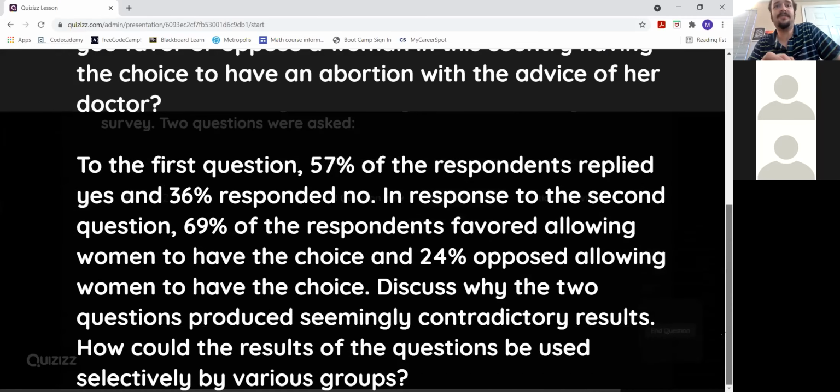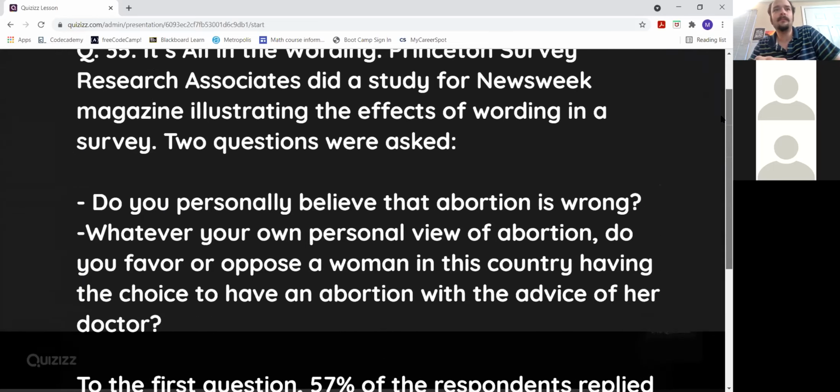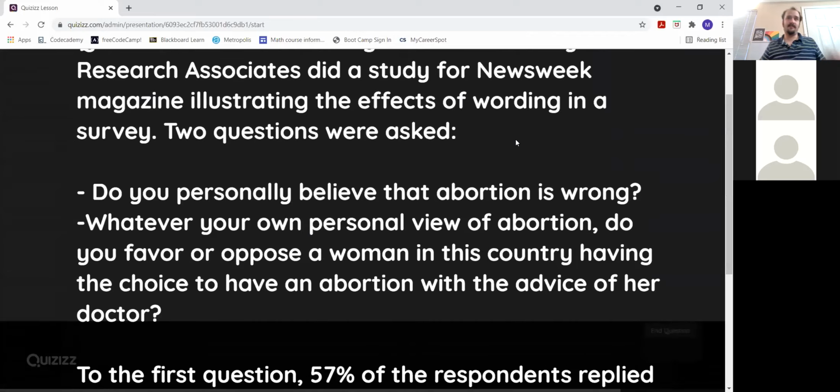To the first question, 57% of the respondents replied yes and 36% replied no. In response to the second, 69% of the respondents favored allowing women to have a choice and 24% opposed. Discuss why the two questions produce seemingly contradictory results. How could the results of the question be used selectively by various groups? So how are these questions different?